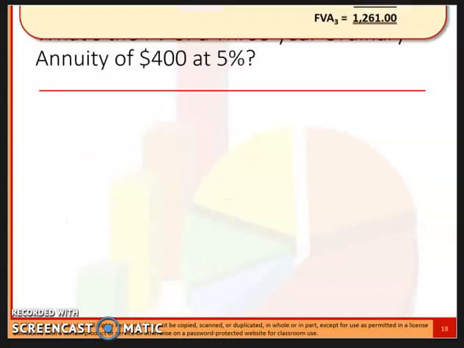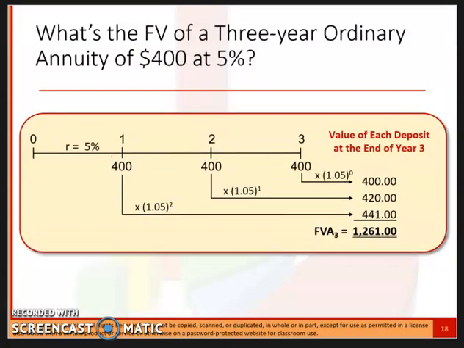All right. This is an ordinary annuity, $400 at 5%. An annuity means we're going to receive $400 every year for 3 years. With an ordinary annuity, we're receiving the payments at the end of the year.